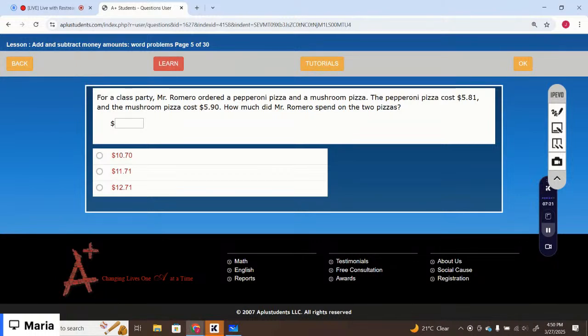For a class party, Mr. Romero ordered a pepperoni pizza and a mushroom pizza. The pepperoni pizza cost $5.81 and the mushroom pizza cost $5.90. How much did Mr. Romero spend on the two pizzas?